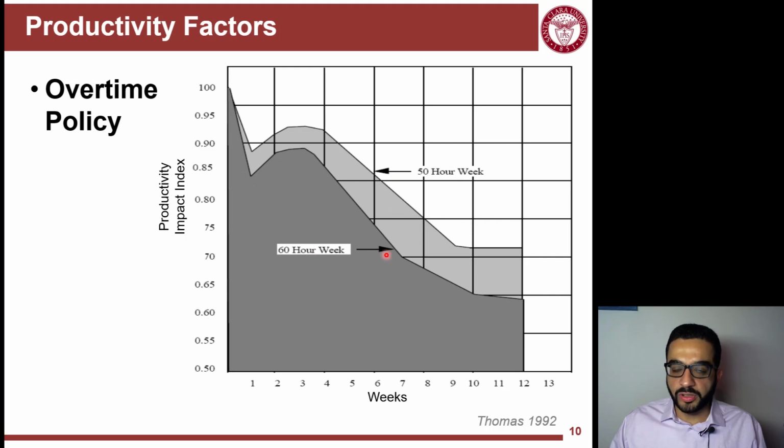These ones work 10 more hours per week. So when you implement overtime because you're behind schedule, you have to be aware that it has negative impacts on productivity. So yes, you have more hours to work, but your rate is less. So you take more hours to finish the same unit that you could have finished in less hours using the regular 40 hours per week schedule.